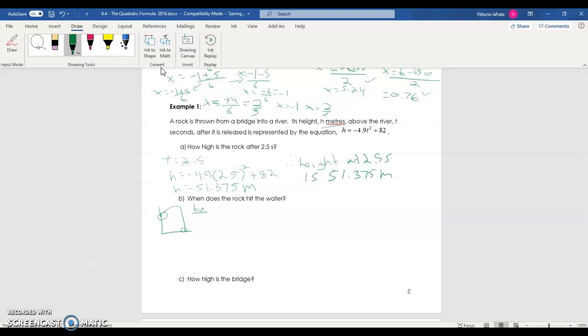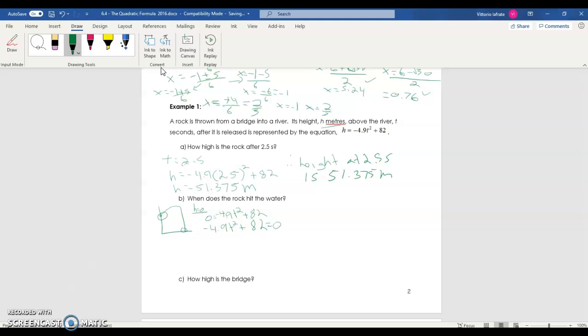So essentially we are writing our equation like this. We're going to write 0, because that's our h, is equal to negative 4.9 t squared plus 82. You could have also written that as negative 4.9 t squared plus 82 is equal to 0.